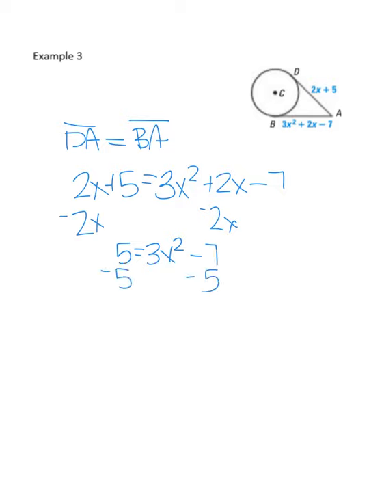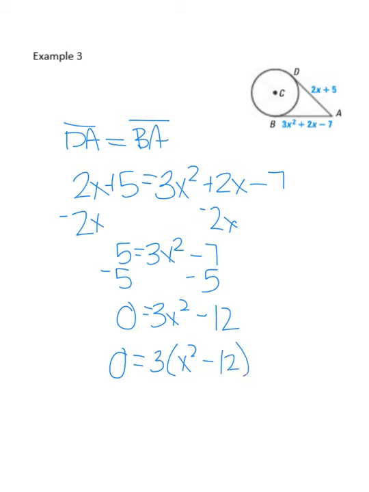It's okay to have it equal to 0. So 0 equals 3x squared minus 12, because negative 7 minus 5 is negative 12. Okay, what I can do now is factor out a 3. So I'm going to say 0 equals, what do 3x squared and negative 12 have in common? They have a 3. So I'm going to say 3 times x squared minus 12. I'm sorry, that should have been a 4, because 12 divided by 3 is 4.